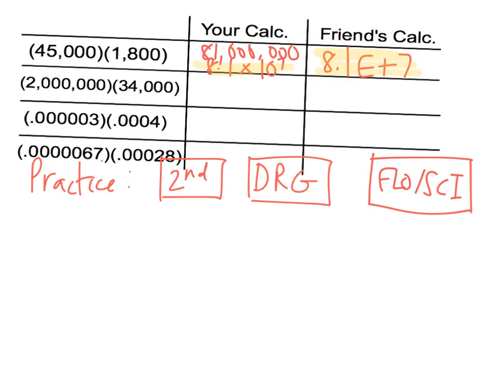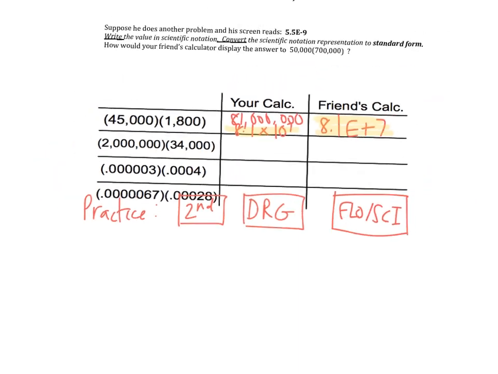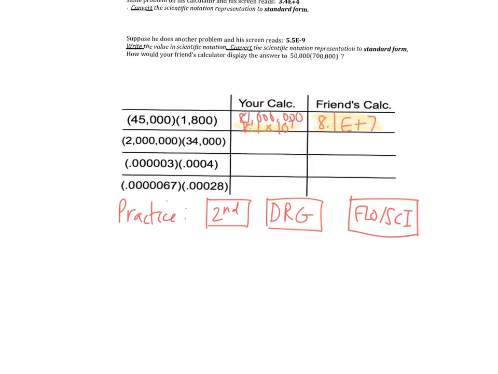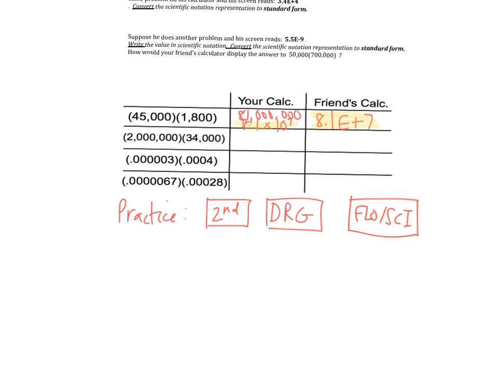Now, you can tell your calculator to give you an answer in scientific notation as well. If you go back to that original question, 45,000 times 1,800, you get 81 million on your calculator. From there, I want you to follow these directions.